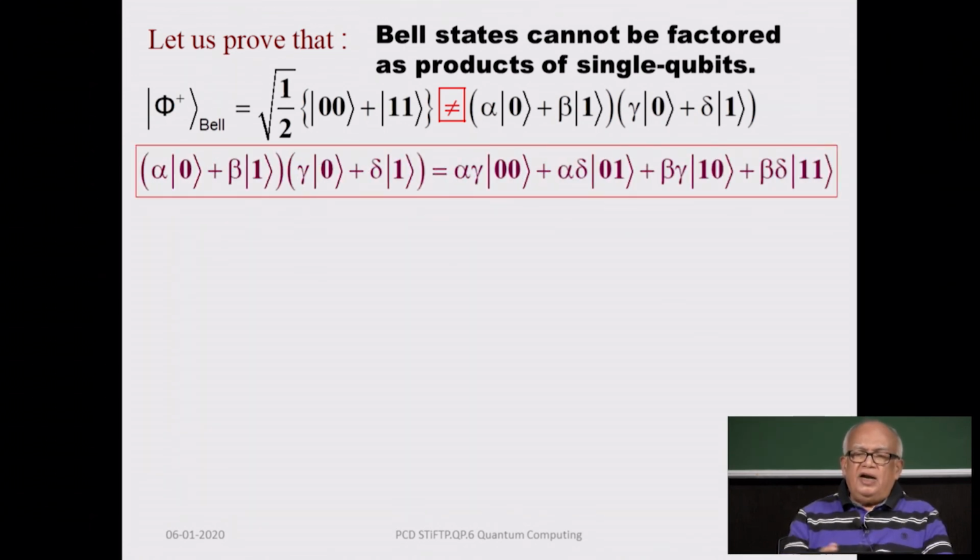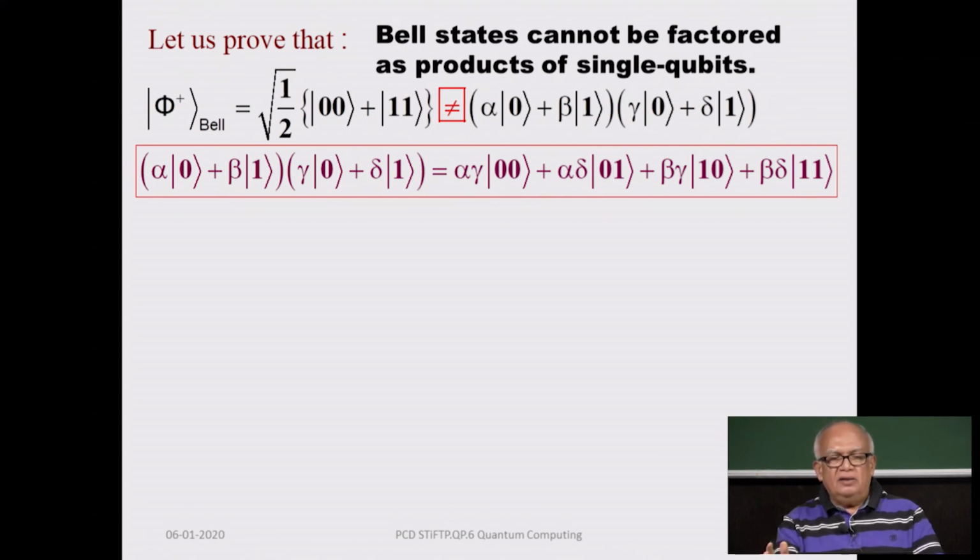So, under what condition would the right hand side lead you to the left hand side? So, let us examine the right hand side, which is alpha 0 plus beta 1, which is one qubit, multiplying the second qubit, which is gamma 0 plus delta 1. Let us multiply them out. What do you get?